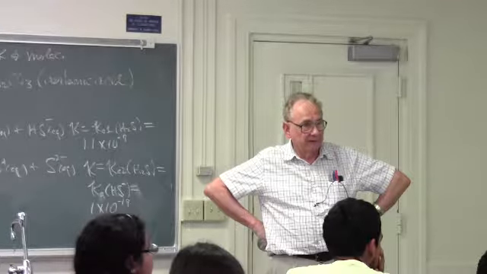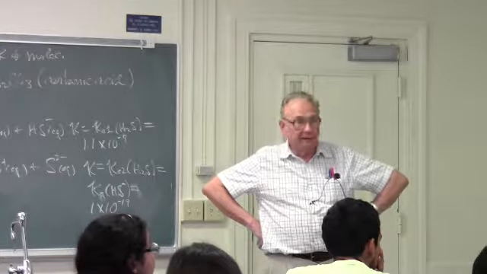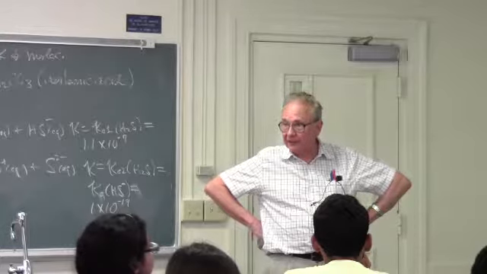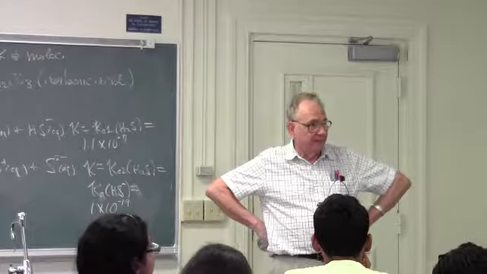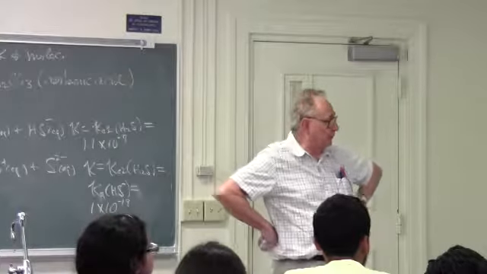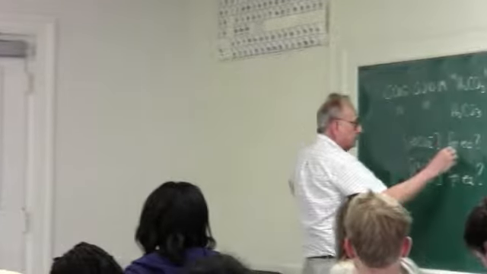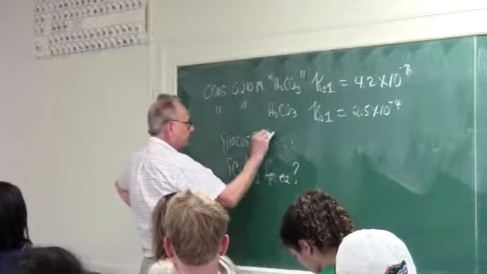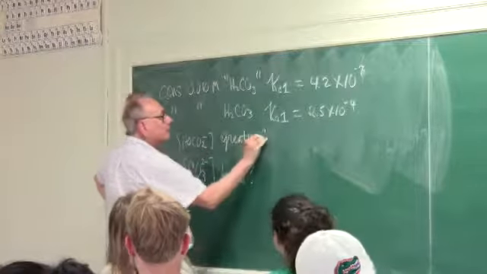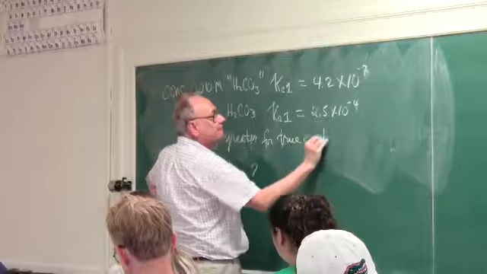So you have a greater extent for creating bicarb. That's it. Ionization extent for true carbonic exceeds the ionization extent for hydrated CO2. So the bicarb molarity has got to be greater for true carbonic. So I'll write greater for true carbonic.